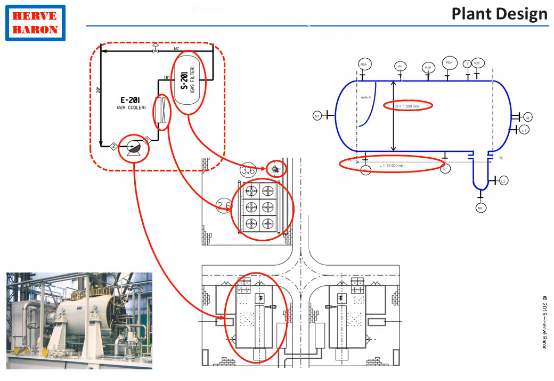Plant layout, which results in the production of what is called the plot plan, shown here, a plan view of the plant with the various equipment, is drawn using the process flow diagrams, which show which equipment is connected to which, the process data sheets for the equipment that is sized by process, as well as information from vendors for the equipment which is only specified by process, such as this compressor.